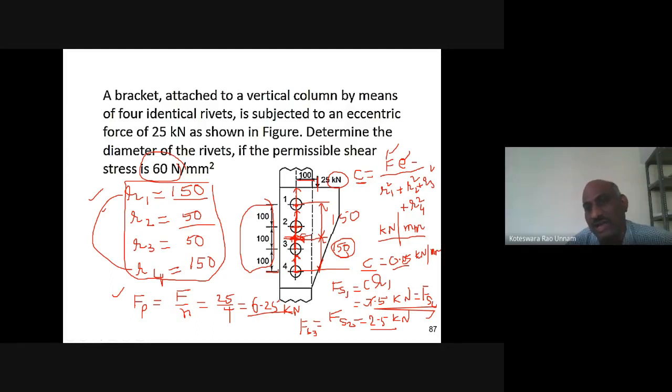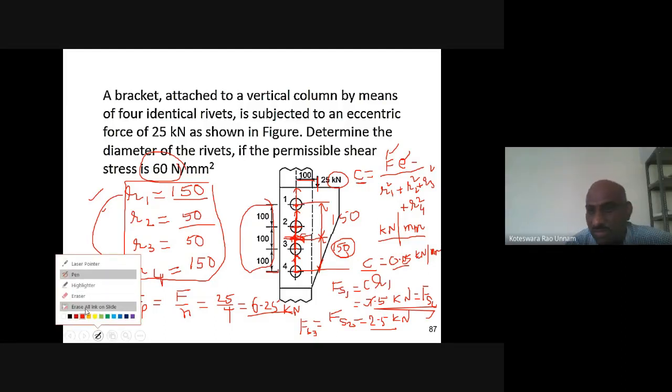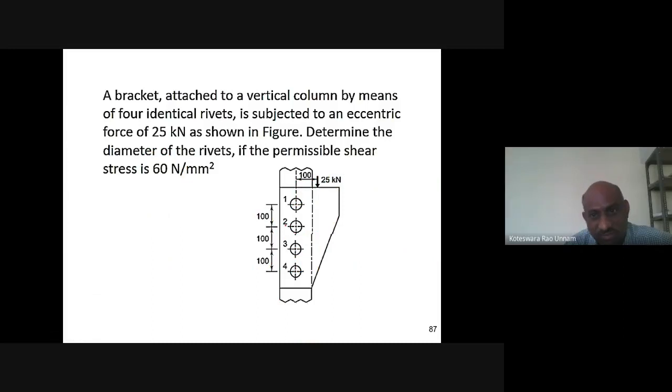Once I know that, I'll represent it for all the rivets. Now we need to identify the direction of the secondary shear force for each rivet. Like I already mentioned, first this is our G. You draw a line perpendicular to the line joining G to the center of the rivet, something like this.